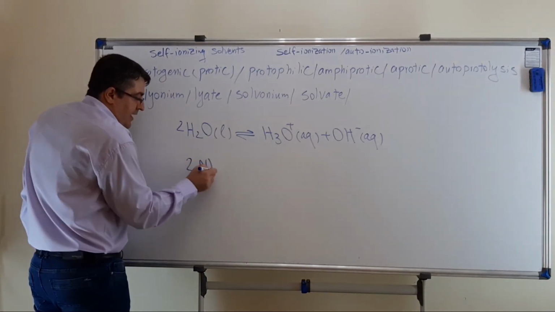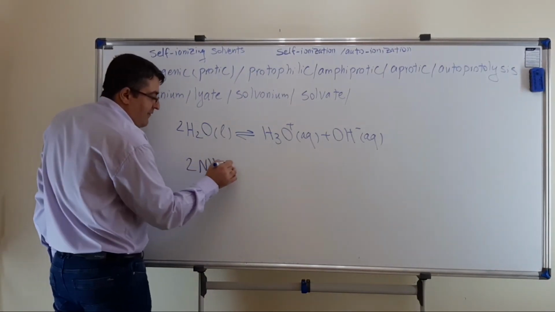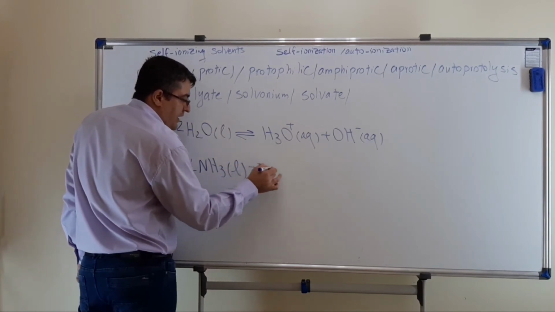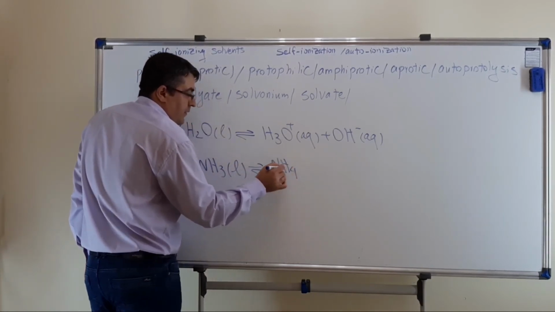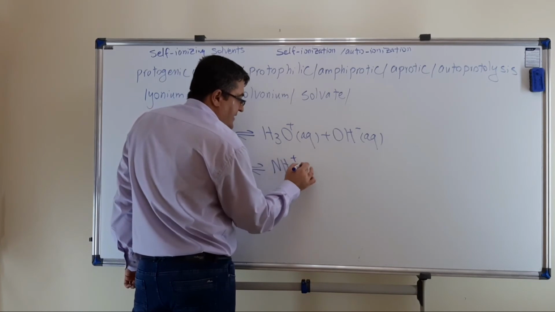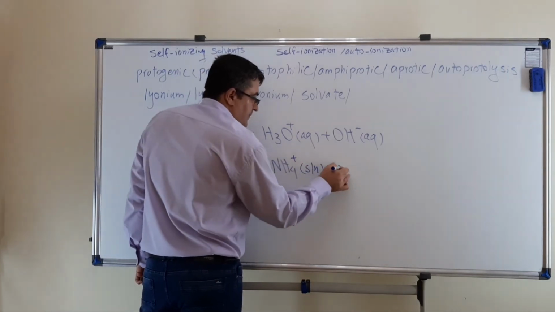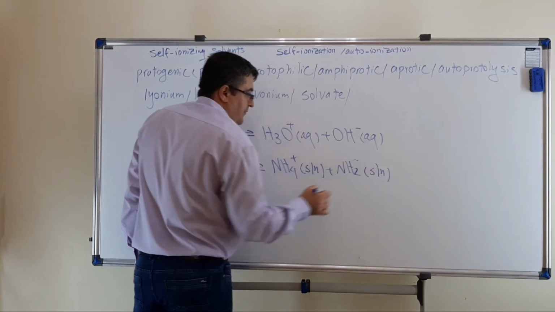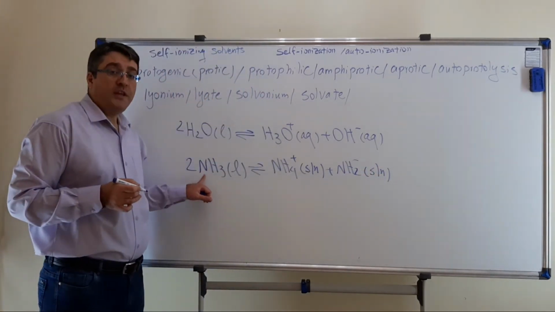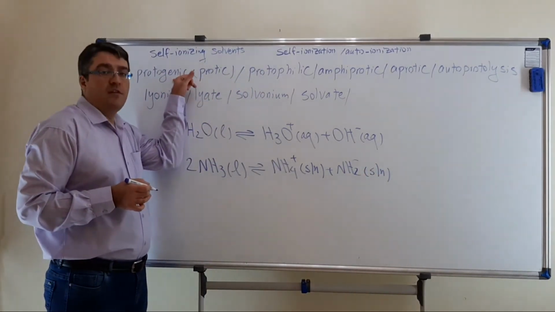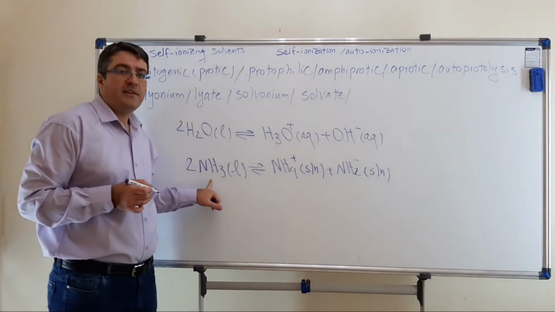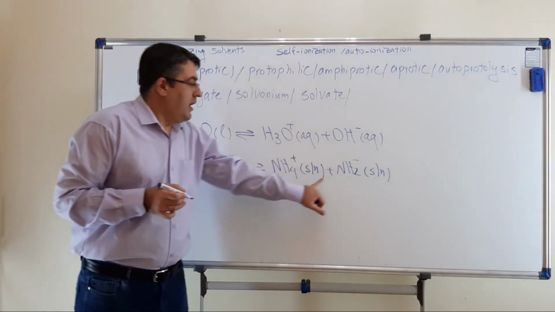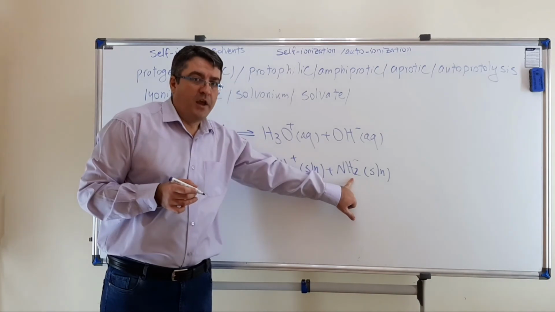Similarly, for the self-ionization of ammonia, we can consider these terms. Ammonia is a protogenic solvent. It can donate H+ and become amide ion.